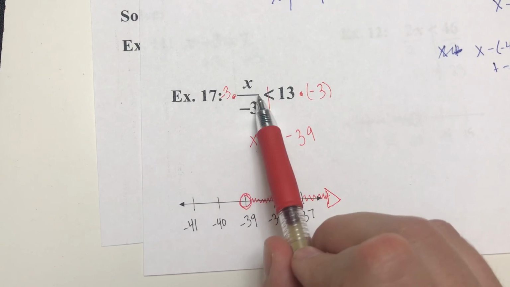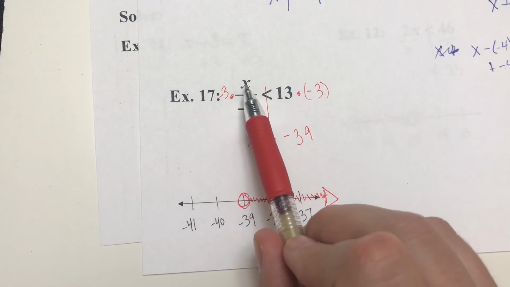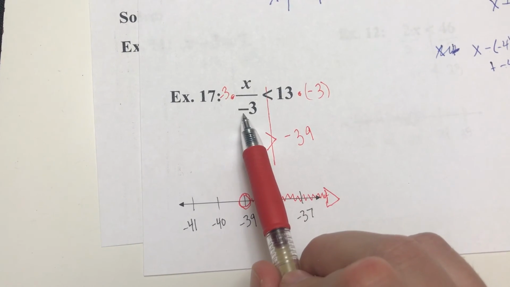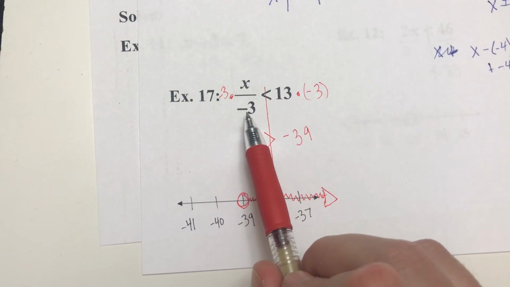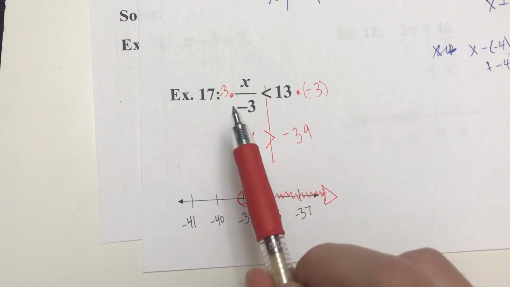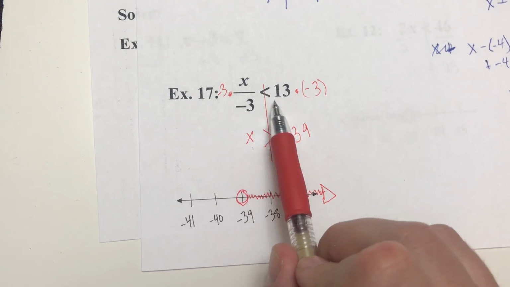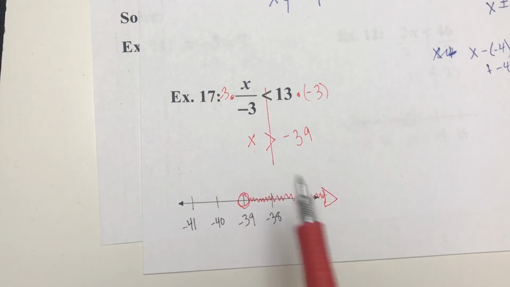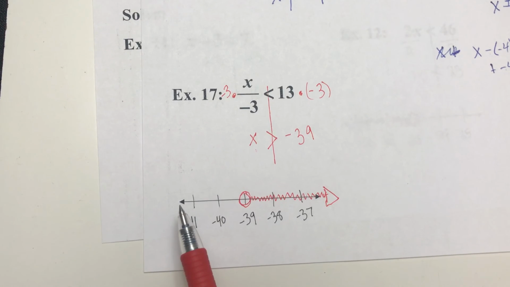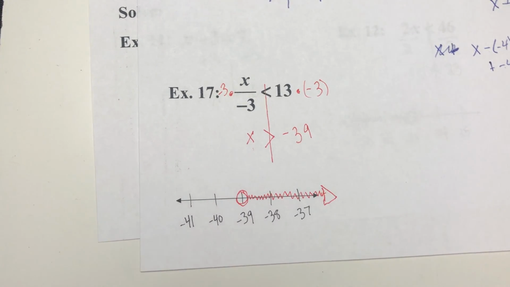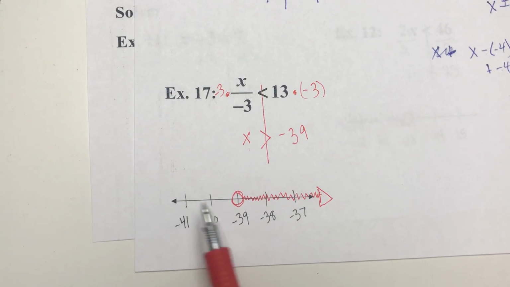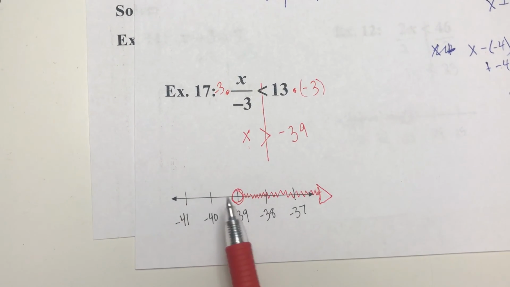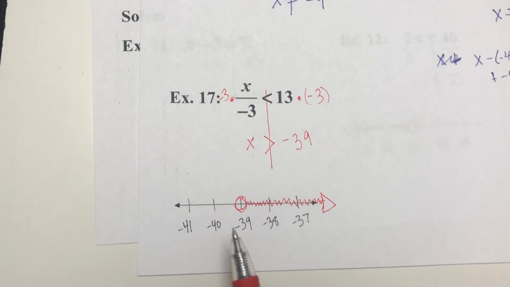Negative 42 divided by negative 3, well, a negative divided by a negative again is a positive, and 42 divided by 3 is 14. We'd get 14 is less than 13. That's not a true statement. Therefore, we know that negative 42 is incorrect and does not lie in the solution set. Therefore, that part of the number line is left blank.